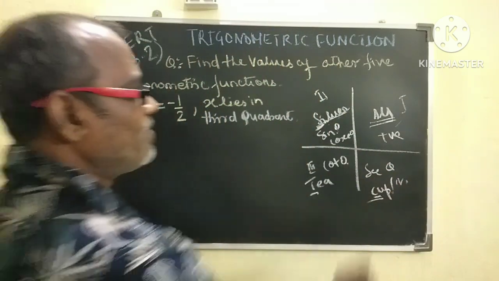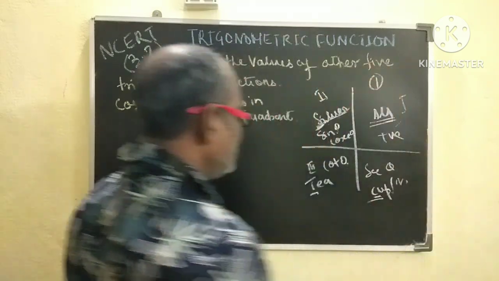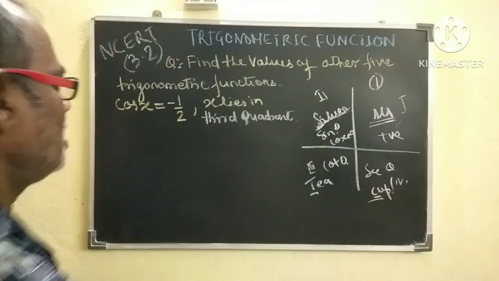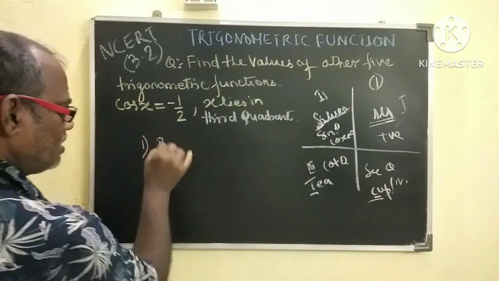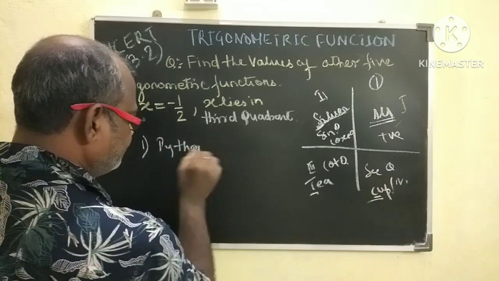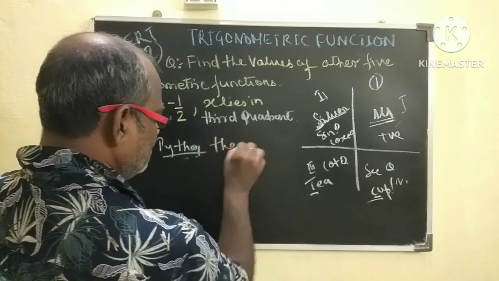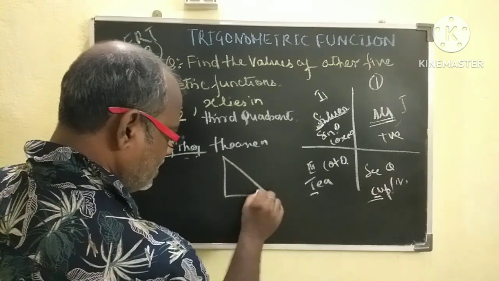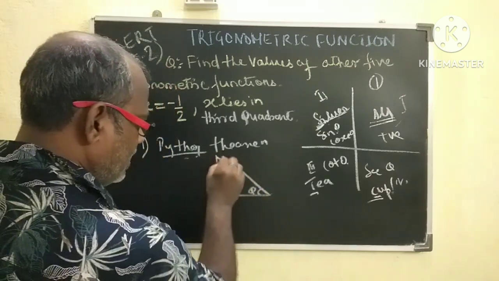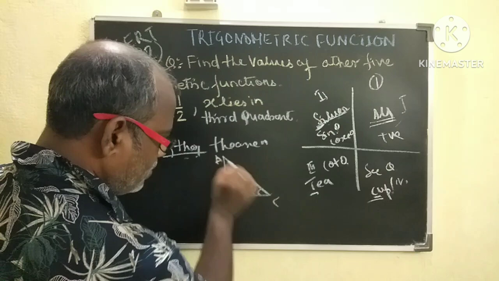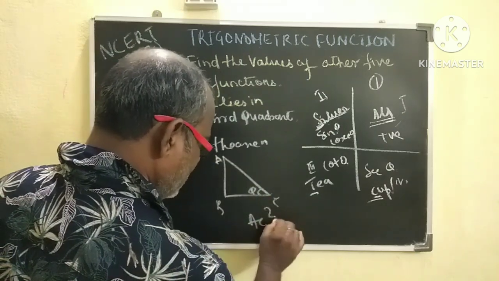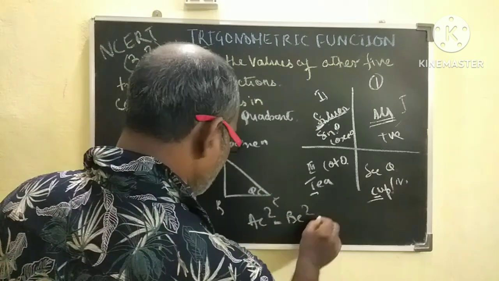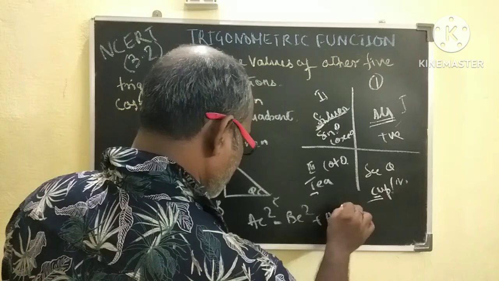This is the very first thing you must know, and the second thing is a few formulas. Number one, the Pythagoras theorem: in the right angle triangle ABC, AC square equals BC square plus AB square.